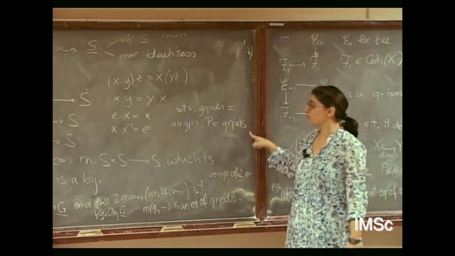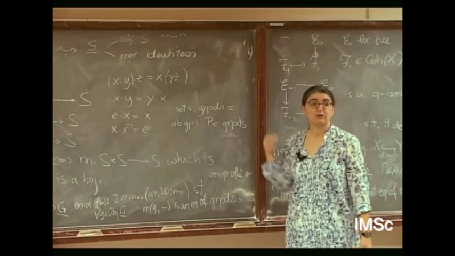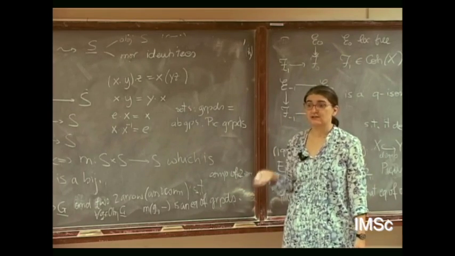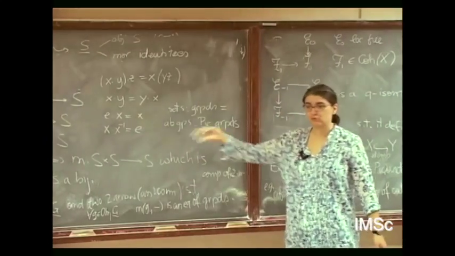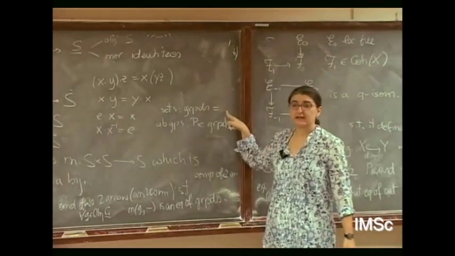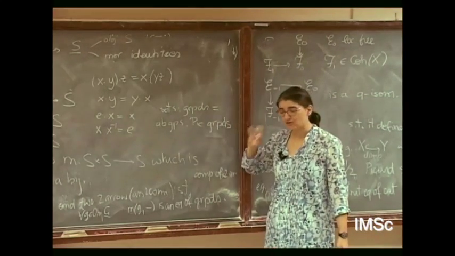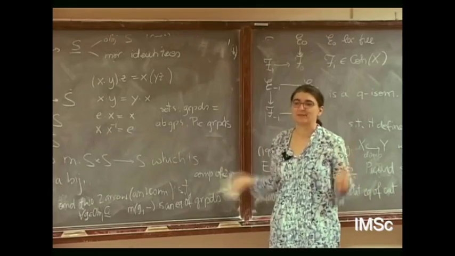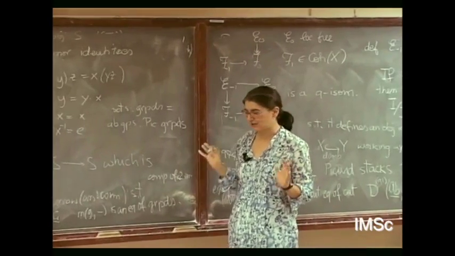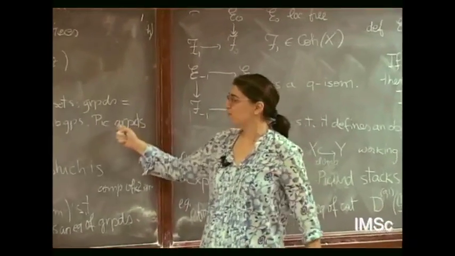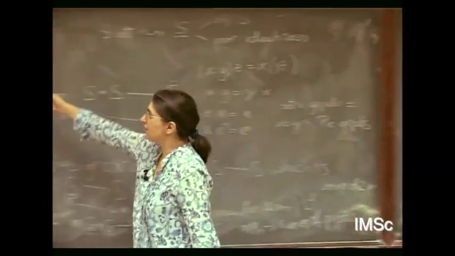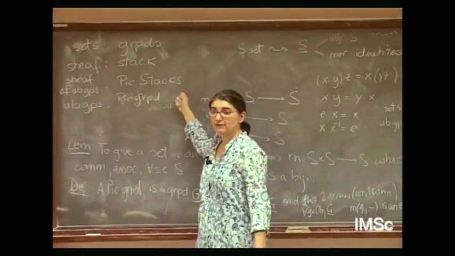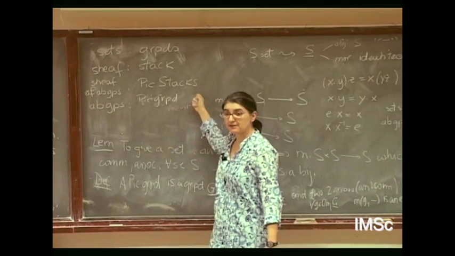So Picard groupoids have a two-category structure, which is a sub-2-category, but not a full sub-2-category of the category of groupoids. It's actually not really a sub, it's just something else. Okay, so you have a two-category structure on this, and then you put this and this together, and you get a definition of Picard stack.